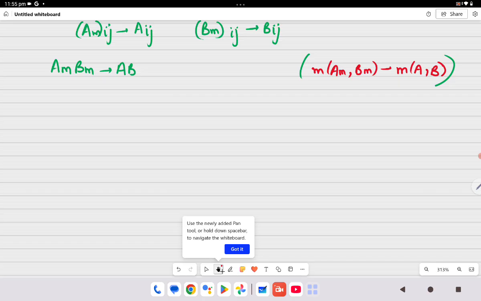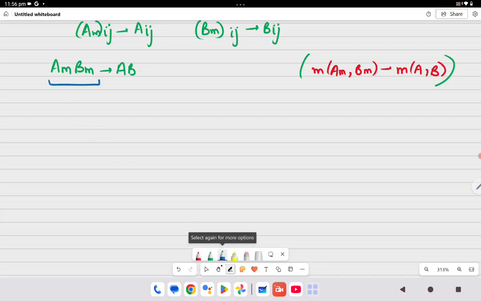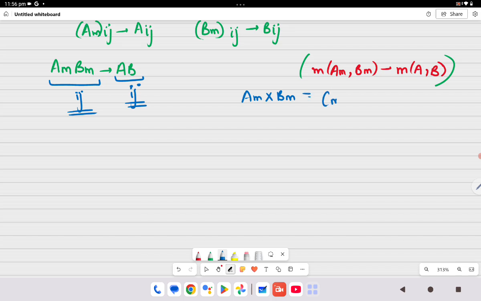Now let us have a look at the ijth coordinate of AMBM. अगर मैंने प्रूव कर दिया कि इसका ijth coordinate इसके ijth coordinate के बराबर है, तो I will be done. क्योंकि AMBM बेसिकली एक मैट्रिक्स बनती है. लेट्स से मैं इसे CM मैट्रिक्स बोल रही हूँ, ठीक है.